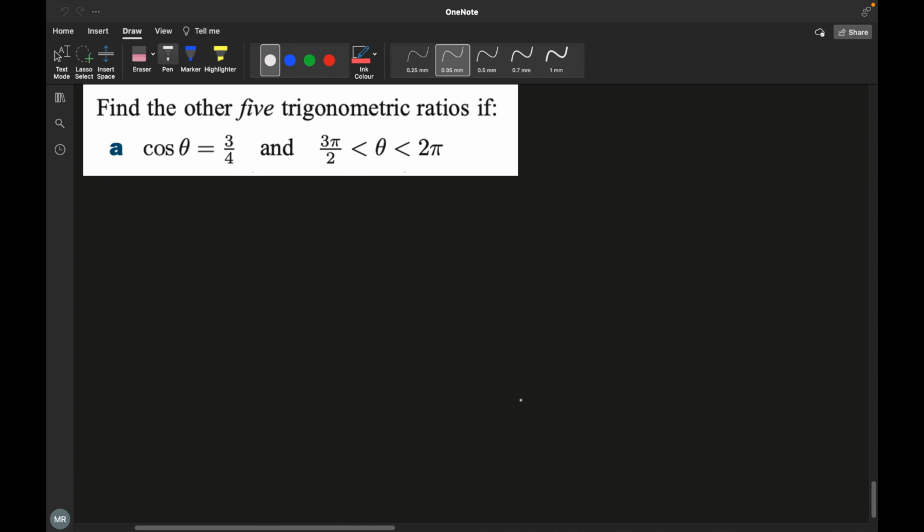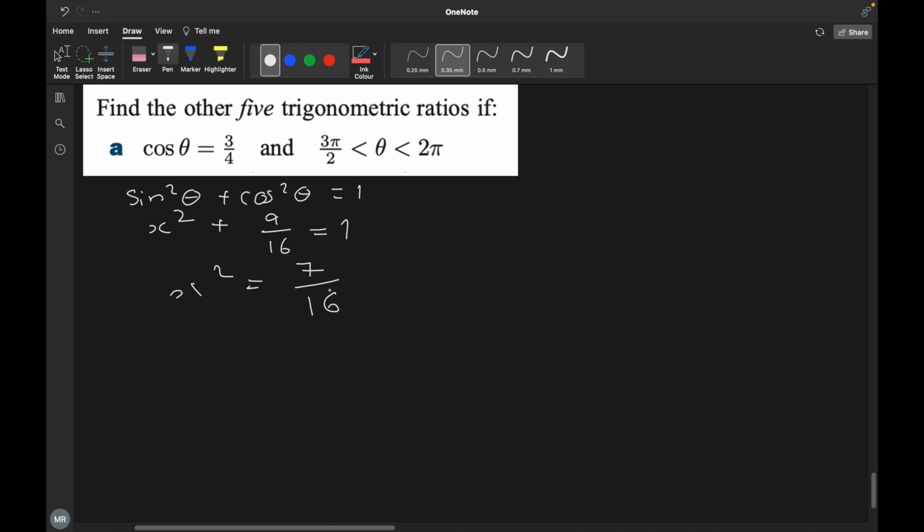Okay, so now let's solve it. We have sine squared theta plus cos squared theta is 1, right? Let's take sine theta as x. So it's going to be x squared plus 9 by 16, which is 1. So x squared would be 7 divided by 16, I think.